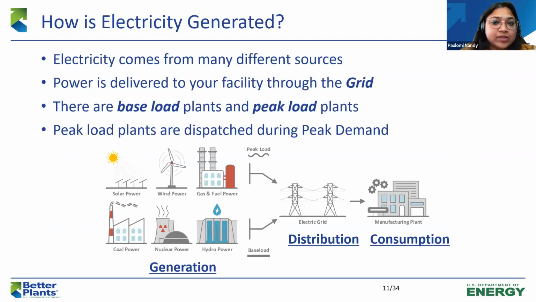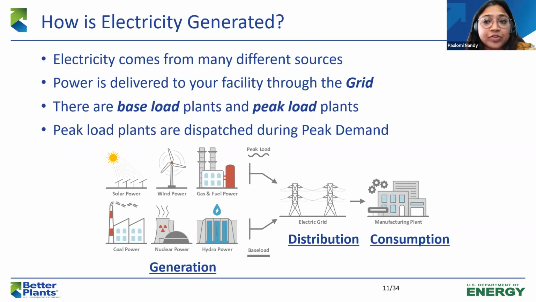Let me jump into things and talk a little bit about how electricity is generated. Electricity, as we know, is generated from different sources. It can be fossil fuel or renewable energy. Because there is no capacity on the grid to store this electricity when it's generated, it's always generated and directly distributed to the customers. For this purpose, there are different base load and peak load plants.